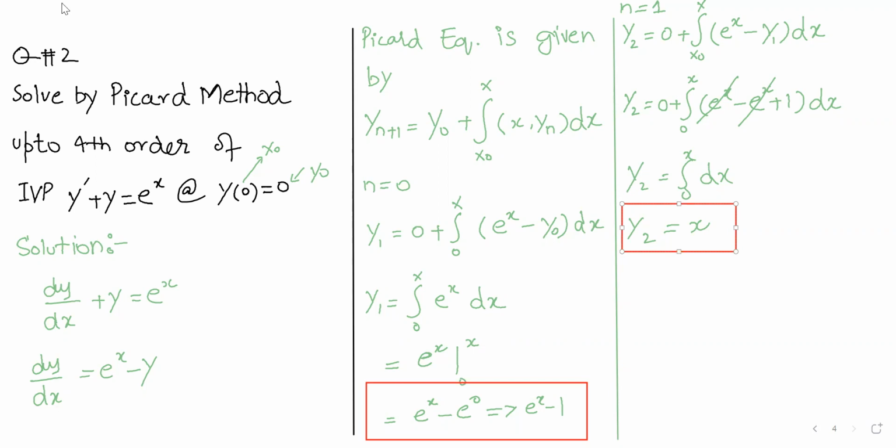Okay, and now what we will do here. Now put n equals 2. Let me change the color.